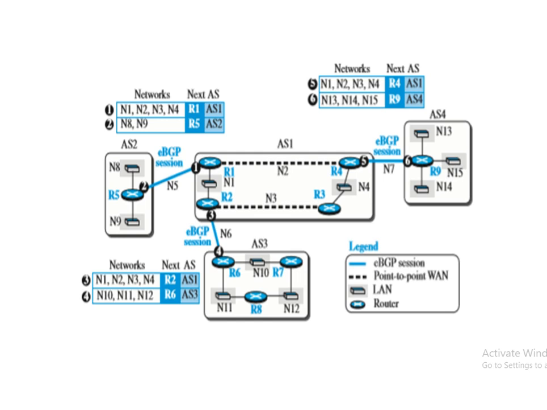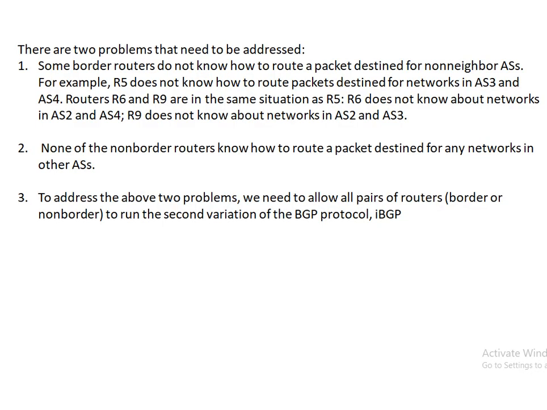The second problem is that none of the non-border routers know how to route a packet destined for any other network in other autonomous systems. To eliminate these two problems, the next version, iBGP, should run.